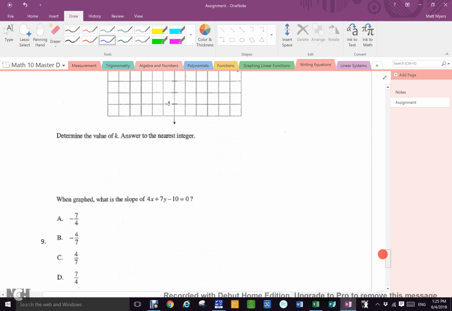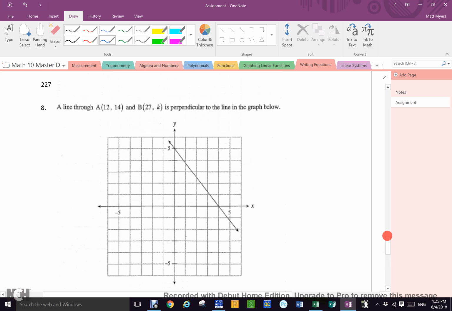And page 227. I need the line that goes through that point but is perpendicular to this. What do I know about perpendicular? They flip the slope and they change the sign. So if I know this slope, do I know the perpendicular slope? How do I find a slope on a graph?